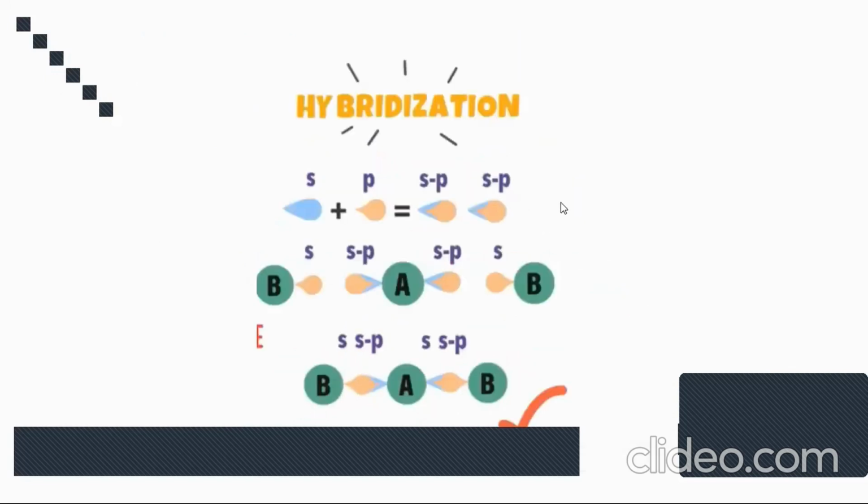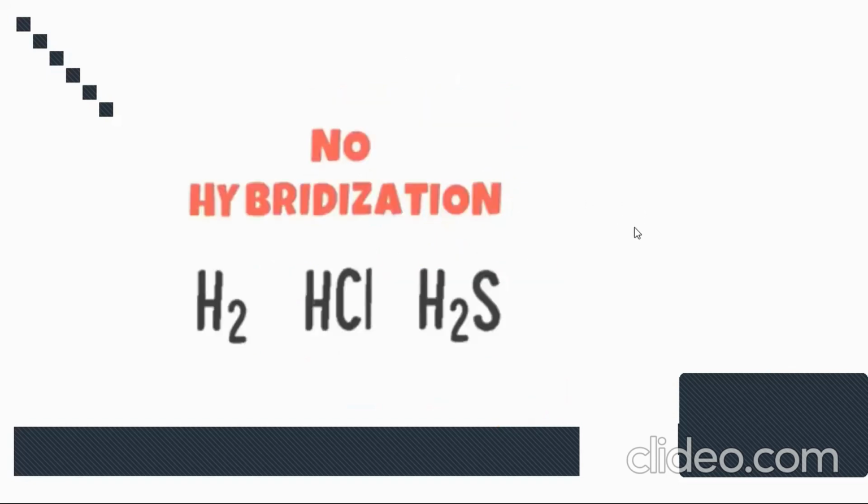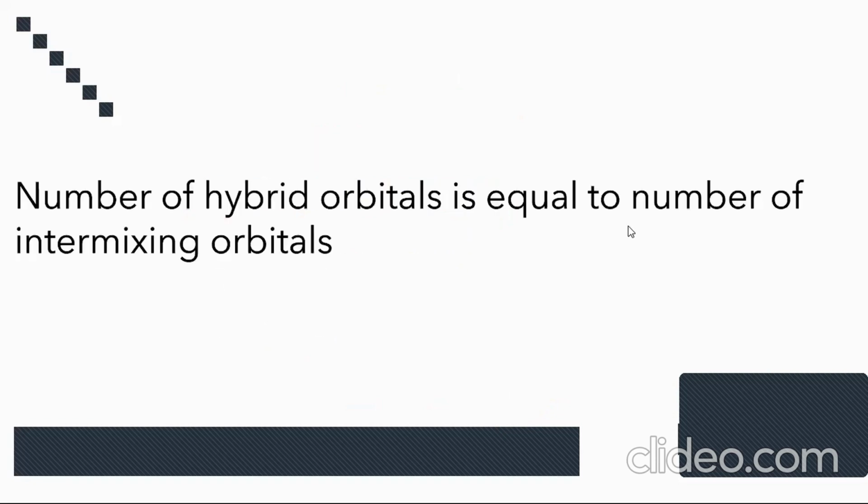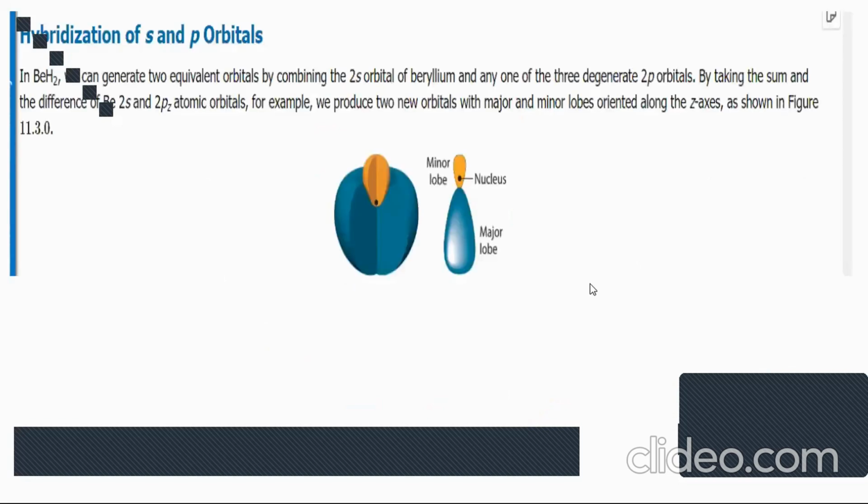Next, sp hybridization. s plus p, sp hybridization. These two combine. Now you observe here, is there any hybridization? No. The number of hybrid orbitals is equal to the number of intermixing orbitals.